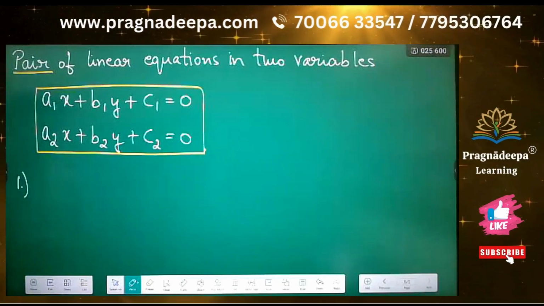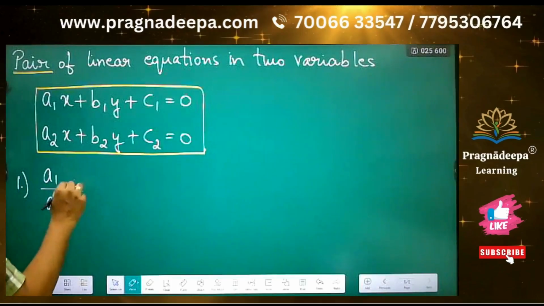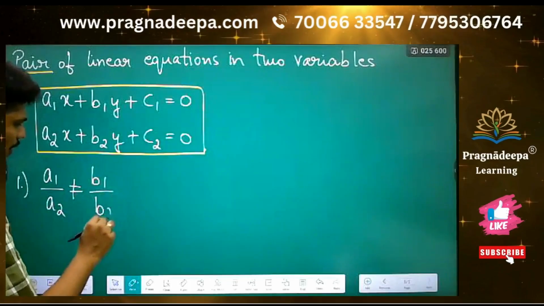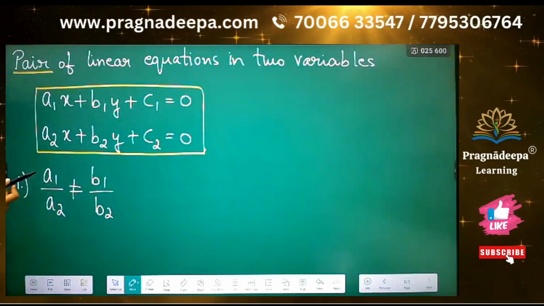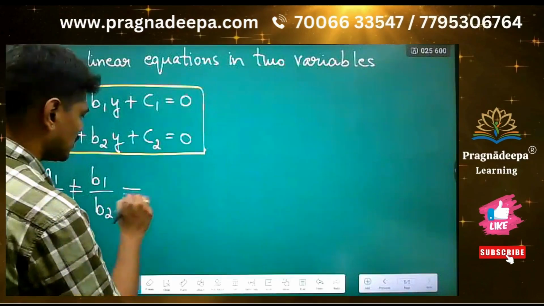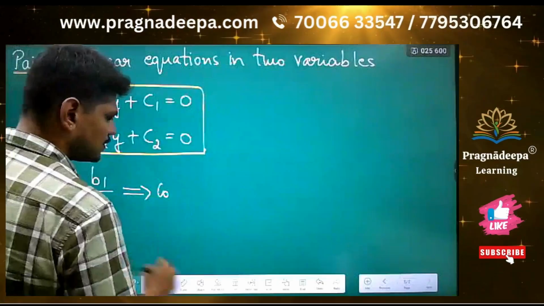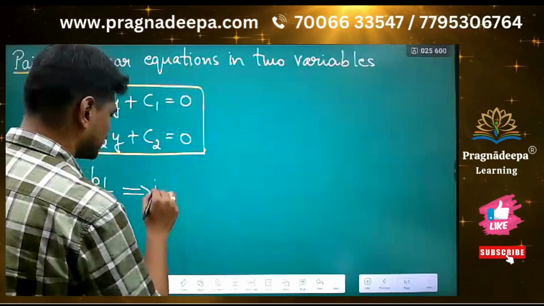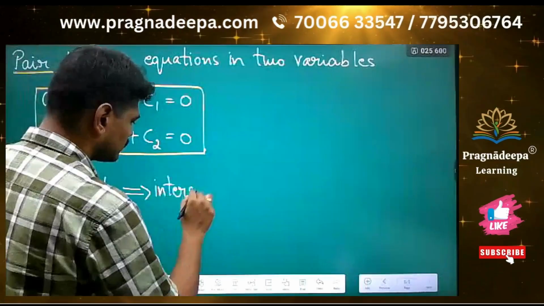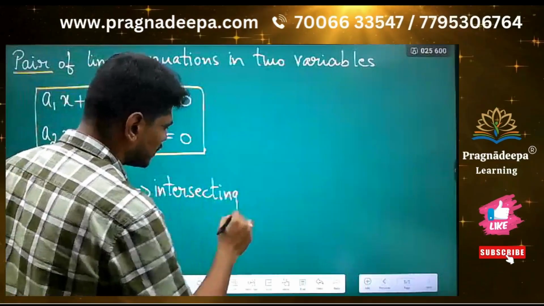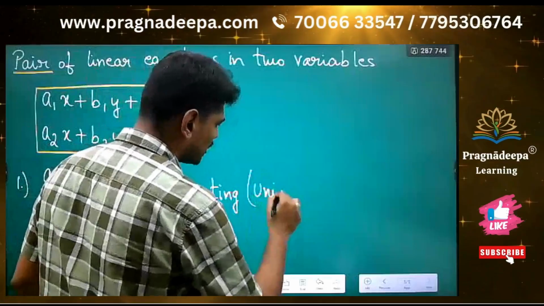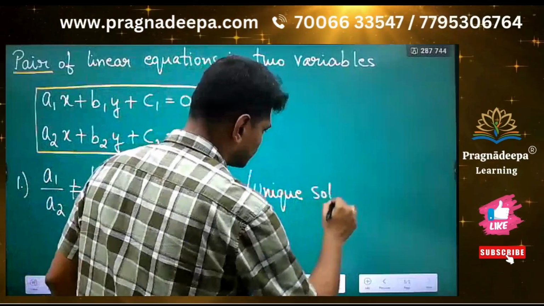But how do those two lines look? Suppose a1 by a2 is not equal to b1 by b2. You have to memorize that the coefficient of x divided by the coefficient of x of the other equation is not equal to the coefficient of y divided by the coefficient of y. Then the lines are intersecting. Intersecting means it has a unique solution.